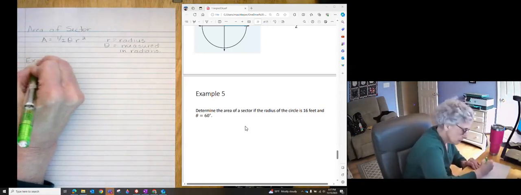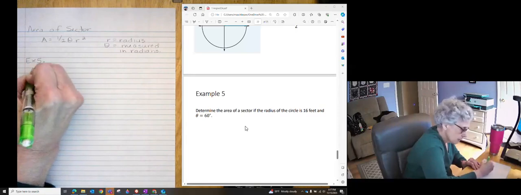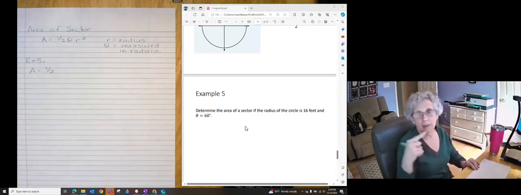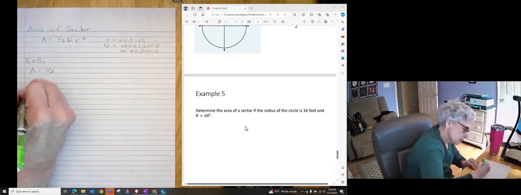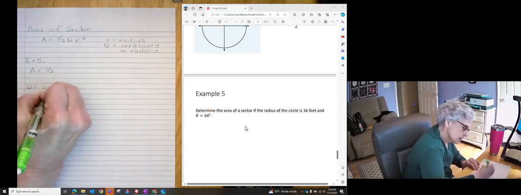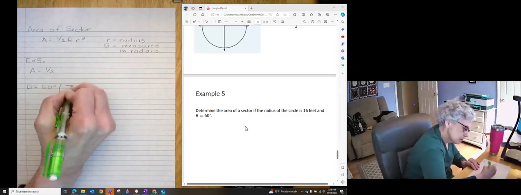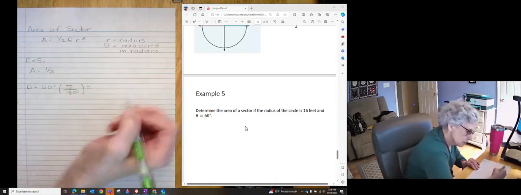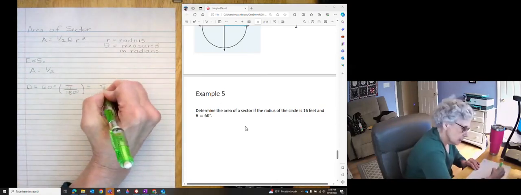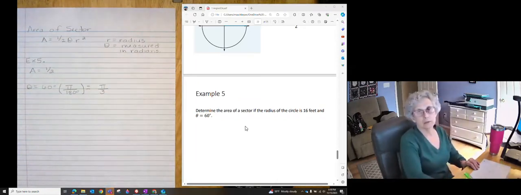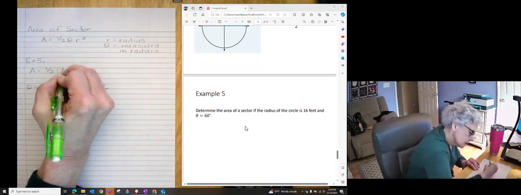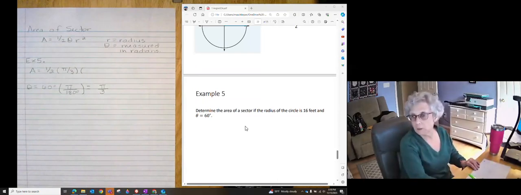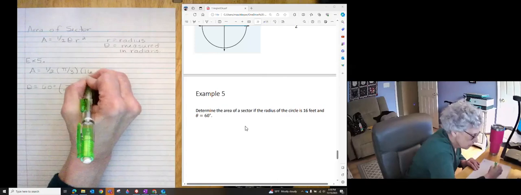This is example 5. Area is equal to 1/2 theta r squared. Oh no, my theta is in degrees. So theta is equal to 60 degrees times pi over 180 degrees. The degrees cancel with degrees, and I have pi over 3. So this is pi over 3 times the radius squared, and the radius is 16 feet.